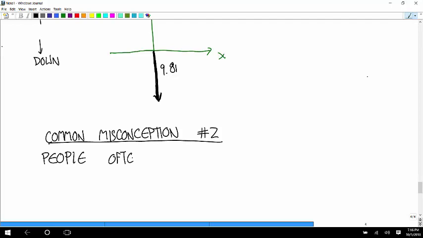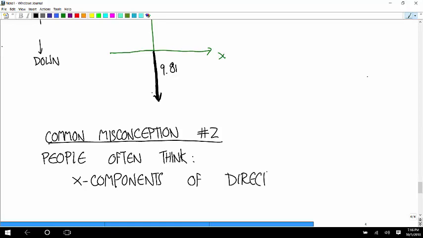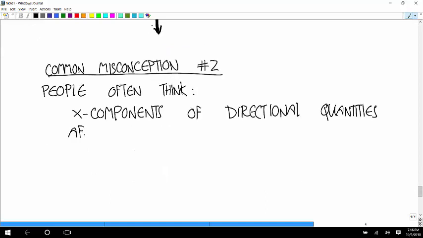So people often think that the x components of directional quantities affect the y components and vice versa.